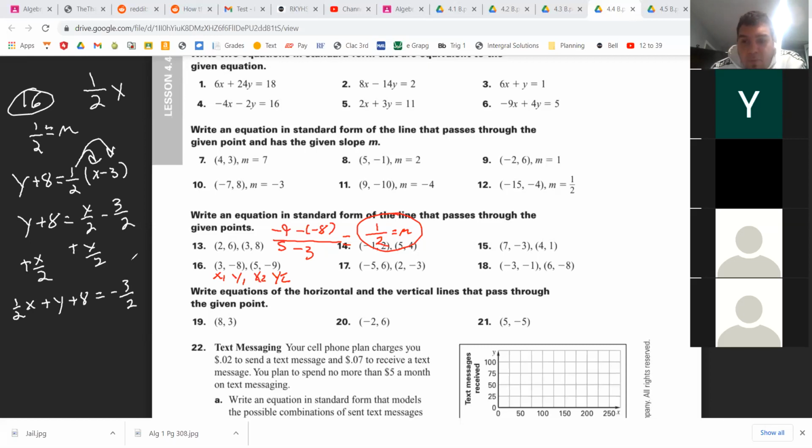You could rewrite that as -1.5. I don't care how you rewrite this fraction. Minus 8 on both sides. You could change it to a decimal if you want. I'll change it to a decimal because I assume that's what most people are going to do. So I'm going to make that -9.5, 1/2 x plus y.